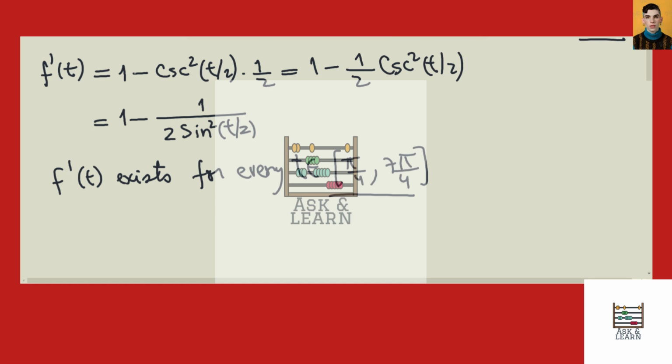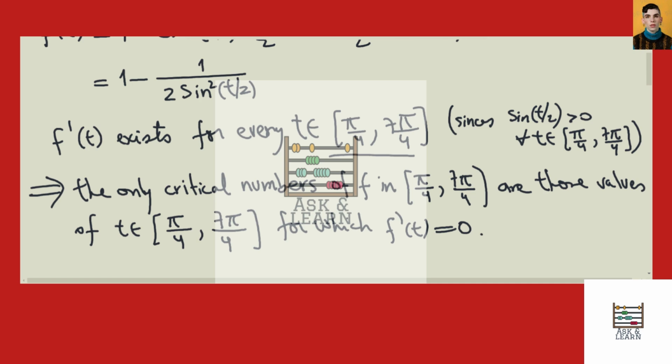So if this derivative exists for every value of t in this interval, it means then that the only critical numbers of this function in this interval are those values of t for which the derivative is 0. So we can write that now. We have to solve this equation.